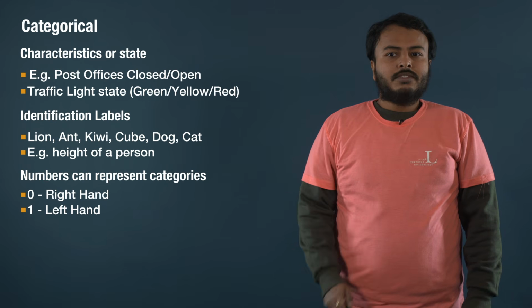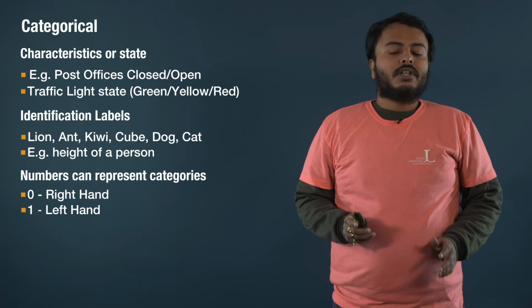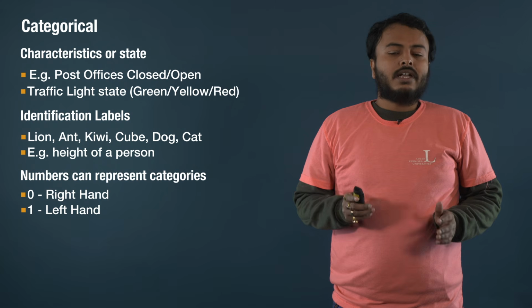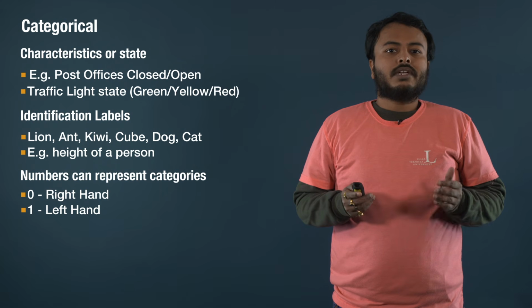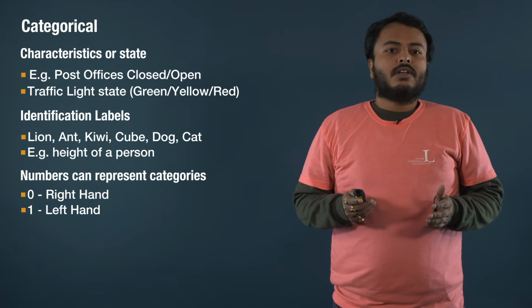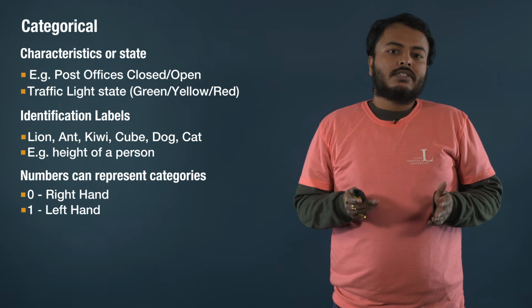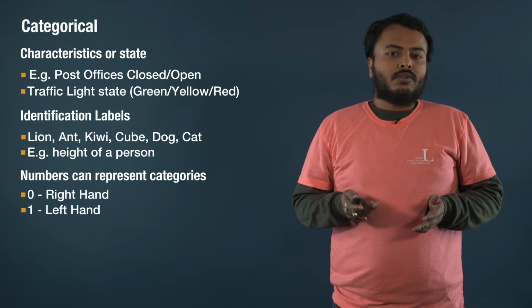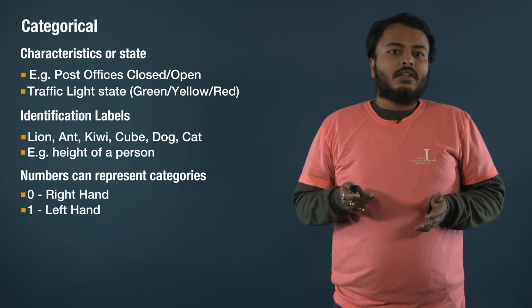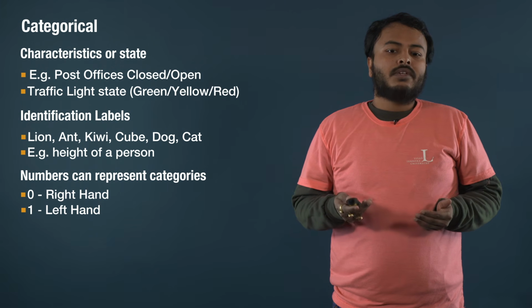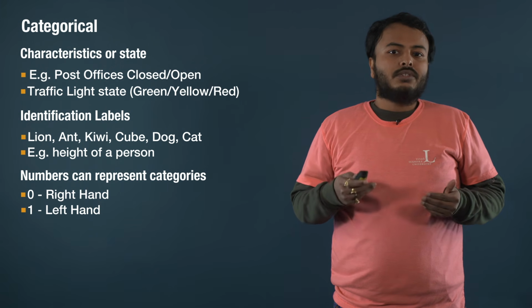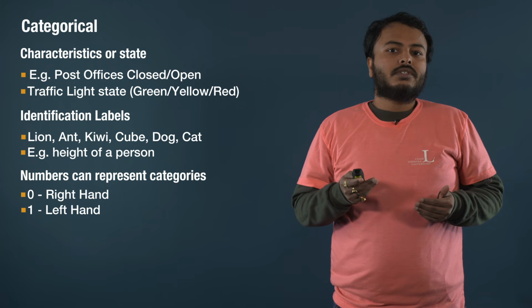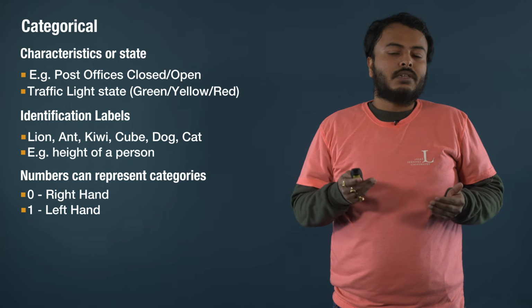Categorical. Categorical means you are given some data and you need to define the categories. For example, the category is a state. For example, a post office, whether it's open or closed. It could be labels. For example, I give you the images and you need to classify which object is in the image.